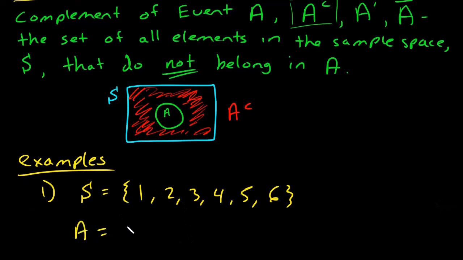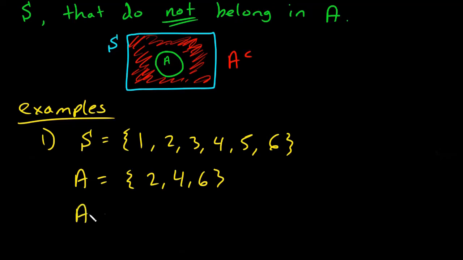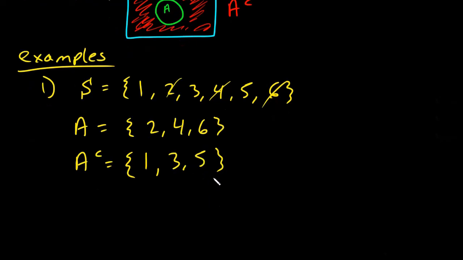And then A is that we roll an even number, so that means 2, 4, or 6. Then the complement will be everything else, so not 2, 4, or 6, which will leave me with 1, 3, or 5.